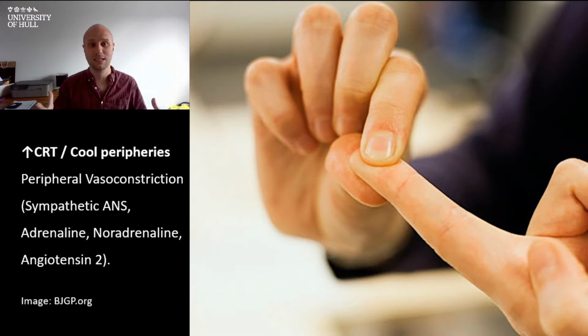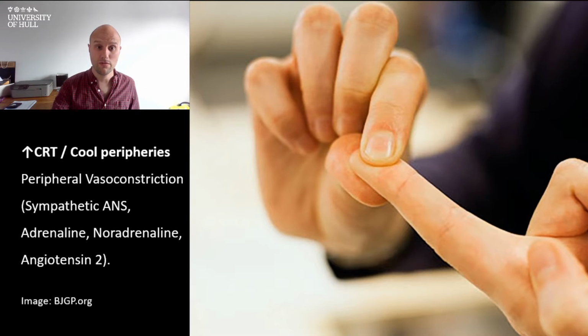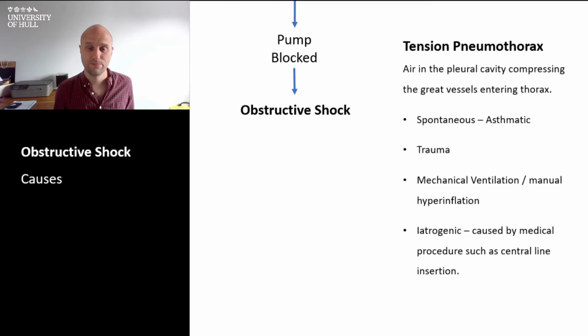And all of these things constrict the blood vessels so that the blood is away from the peripheries and towards the heart and the vital organs. And because it's away from the peripheries, your peripheries will feel colder and your refill time will be prolonged.